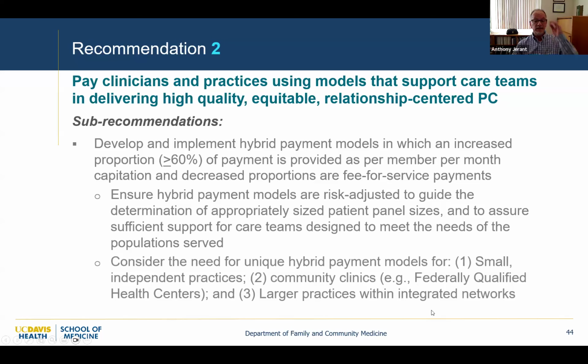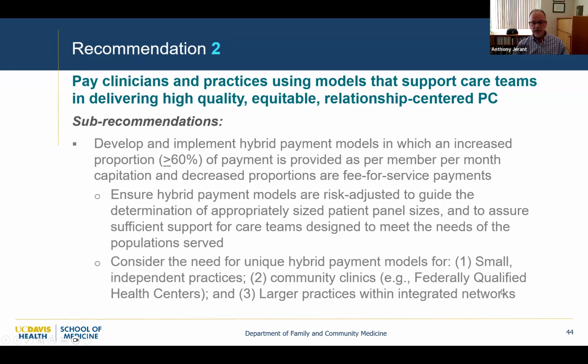Some very unique practice types might need unique hybrid payment models. Small practices may really struggle with this initially. So one idea that came up is that you incentivize them to actually work in networks of independent practices rather than on actual change right away. Because if you don't incentivize them to do that, they may not think about it or feel like they can do it.